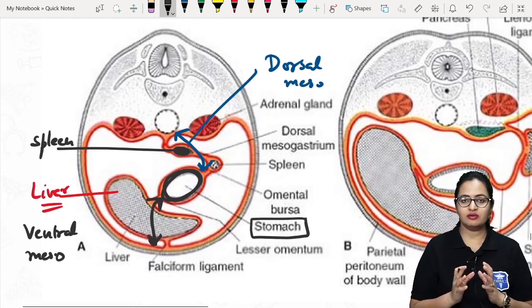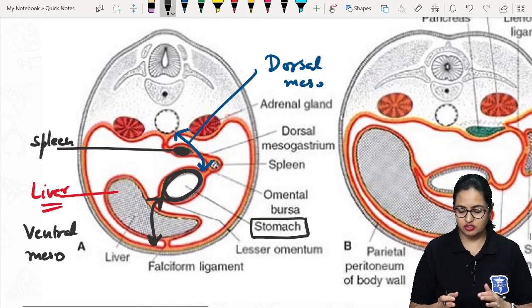Apart from this, we have various derivatives of the dorsal and the ventral mesogastrium.